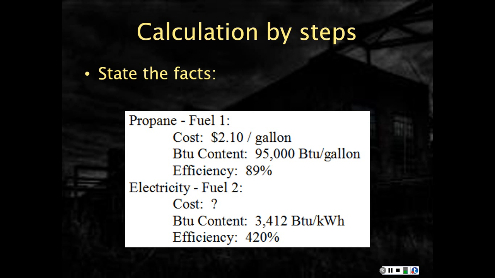So I'm trying to calculate the electrical cost. Now I know I can purchase electricity at 11 cents per kWh, but is that where it breaks even? Is that less? Is it more? So where are these two things equal? So the BTU content for the electrical is 3,412 BTUs per kWh, and the efficiency at the 4.2 COP is actually 420%.